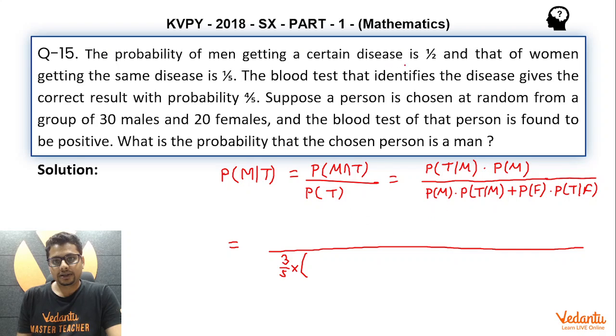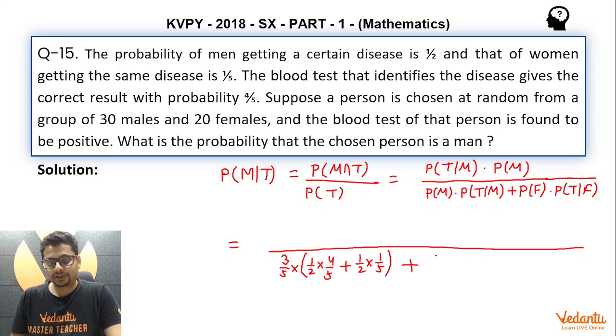The probability that the man has the disease is half, and the test rightly turns out to be positive, or the man is not having the disease but the test wrongly turns out to be positive.